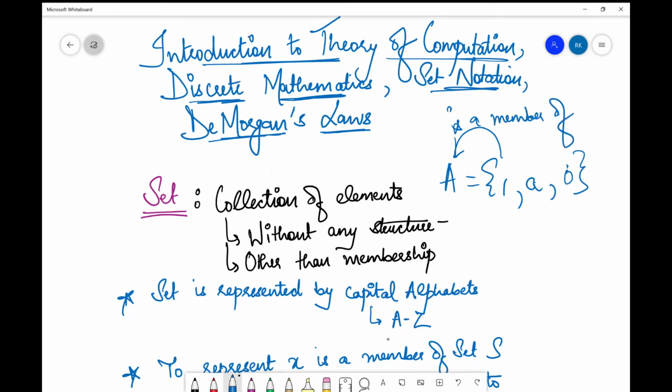So I would say 1 belongs to A, or 1 is a member of set A. That is the only relation which is defined by a set notation.